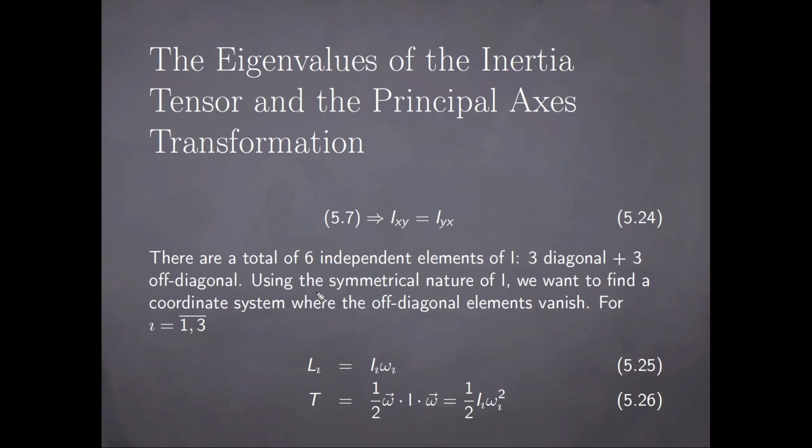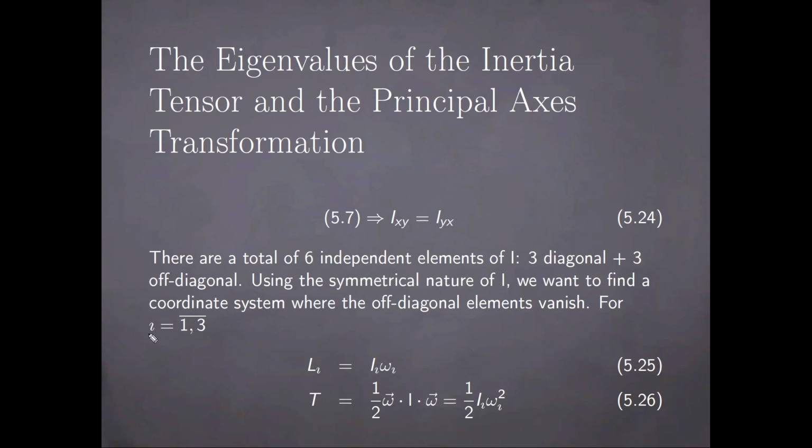And using the symmetrical nature of the inertia tensor, we would want to find a coordinate system where the off-diagonal elements vanish. In such a coordinate system, for example, the components of the angular momentum would simply be a product between the corresponding components of the inertia tensor and the component of the angular velocity. So there's no summation implicit here.